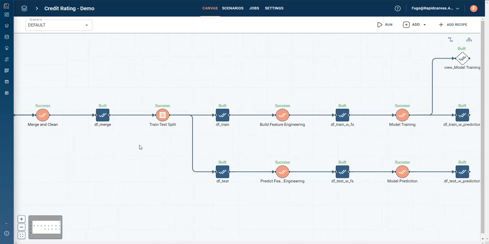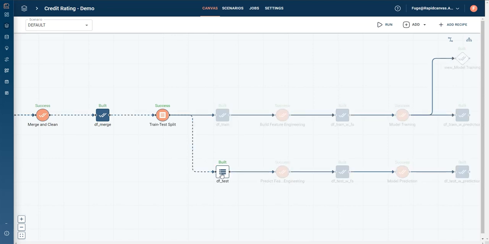Our train and test strategy here is that we split the data by time. Remember the data is from 2005 to 2021. So everything before 2019 is train data, and everything from 2019 onward, including the year 2019, is our test data.